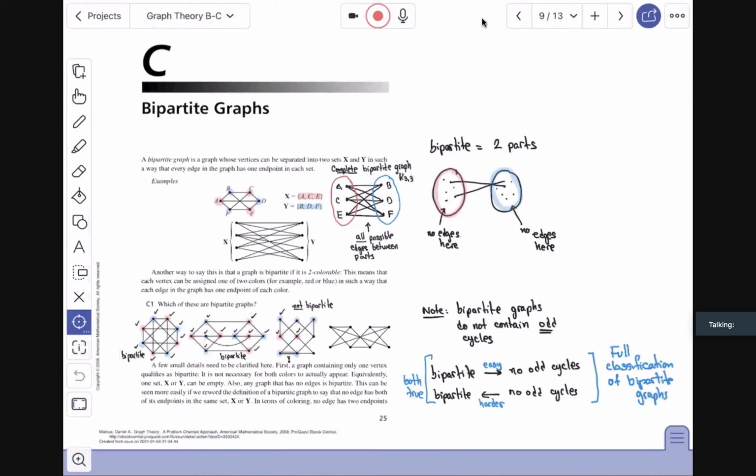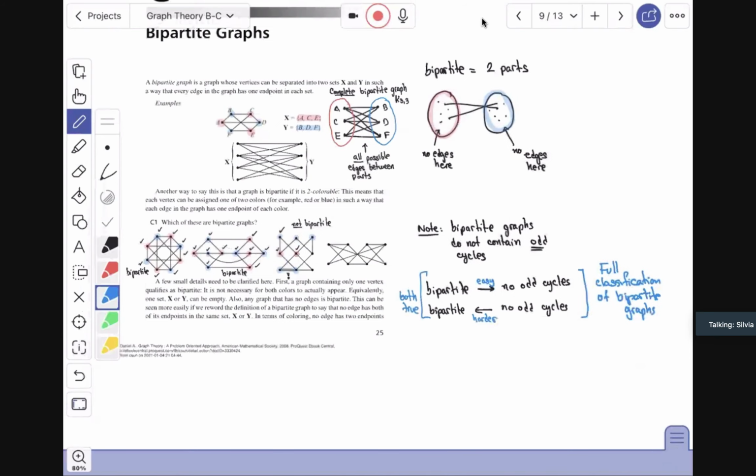Make sense? So let me write something down here. If you think that 2 graphs are not isomorphic, you can try to check that one is bipartite and the other one is not. Maybe you're lucky and that's the case, okay?